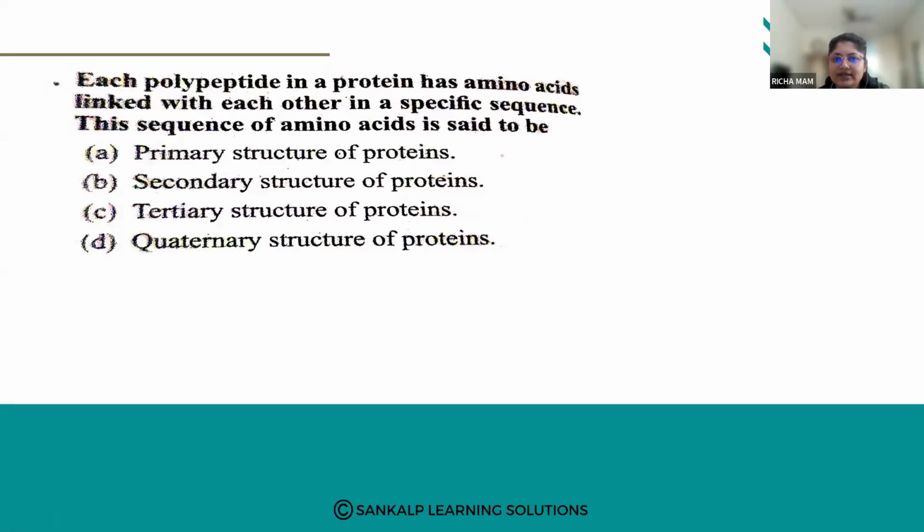This sequence of amino acids is said to be... When you see the polypeptide chain, each amino acid is linked together with the others in a specific sequence, and this is called the primary structure of proteins.